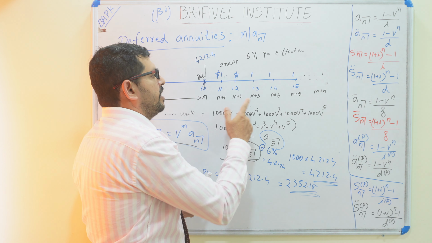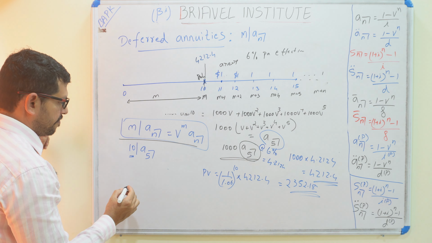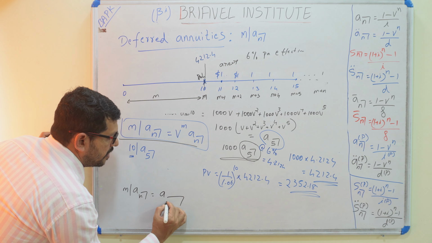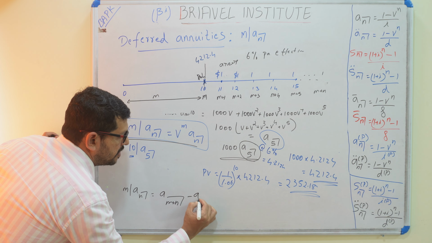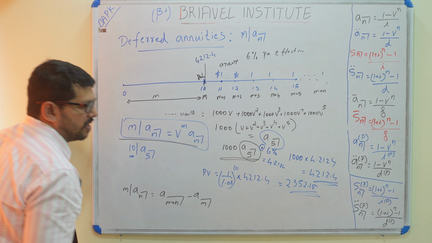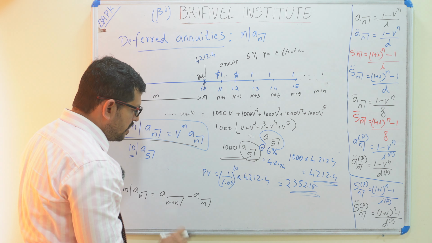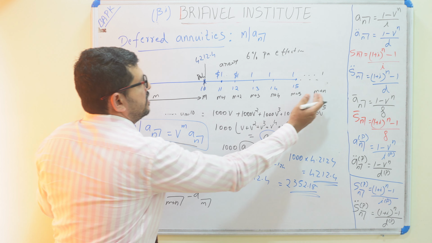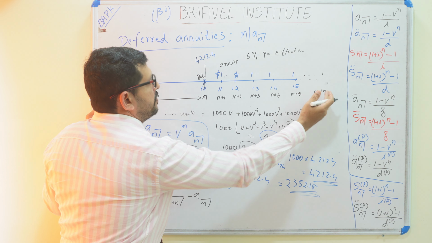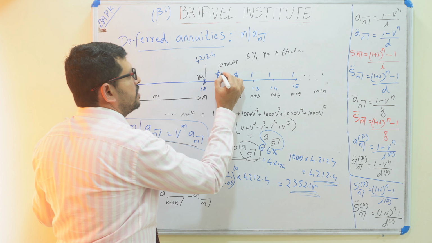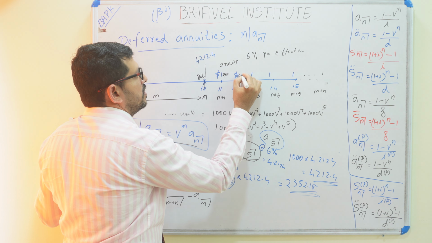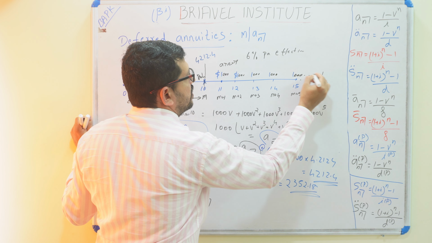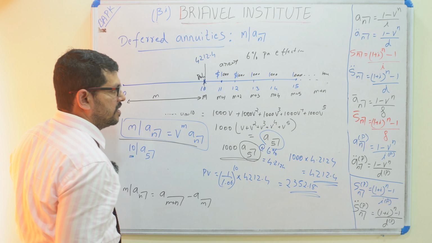One more method we can use to find this. m bar a n we can write as a m plus n minus a m. a m plus n means we are paying $1,000 every year up to m plus n years.